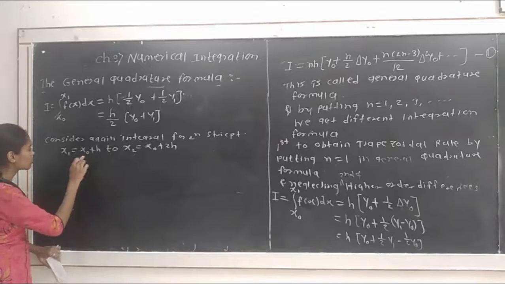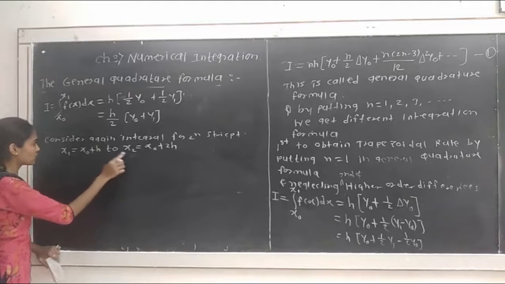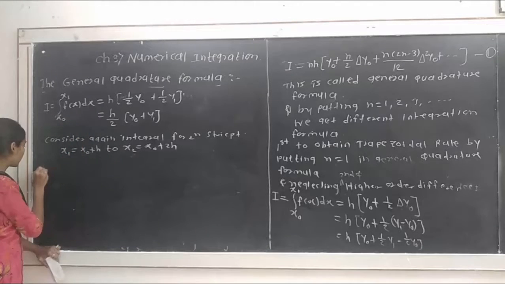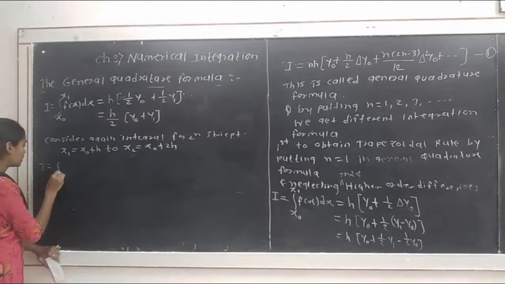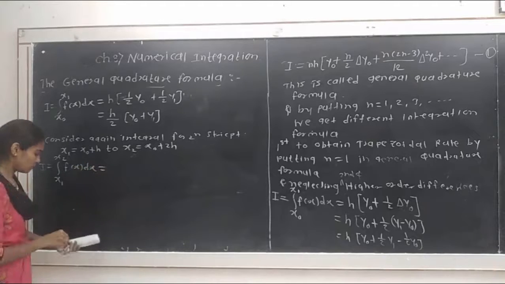Okay, so for this strip x1 to x2, by comparing with this, I is equal to the integration from x1 to x2 of f(x) dx.